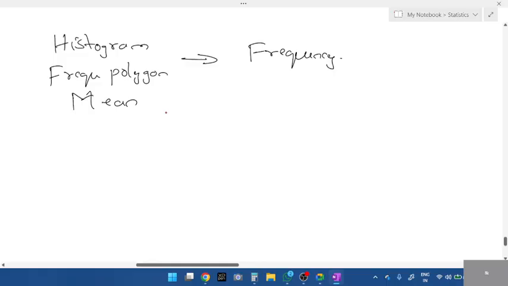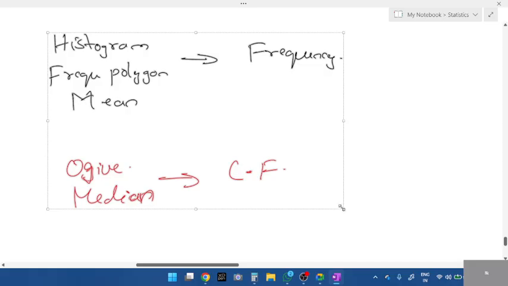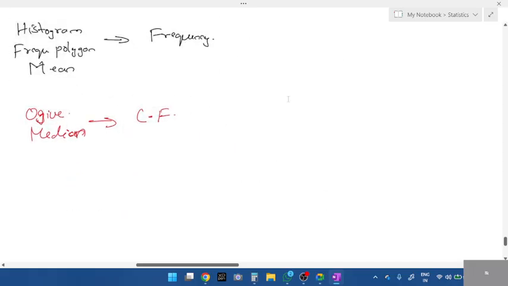If it is always increasing, it is cumulative frequency. Try to convert it. Next, ogive graph, ogive, median. Median we need to write in ascending order. Once you arrange in ascending order, you need cumulative frequency. For this, we need CF, cumulative frequency. Is this clear? All of you understood the concept now?